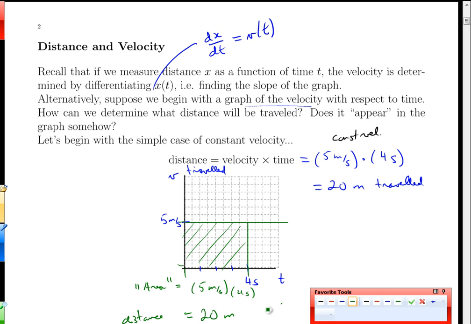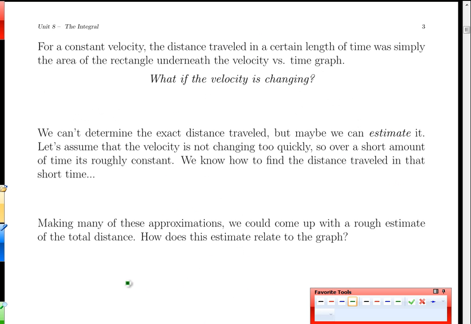So for a constant velocity, the distance traveled in a certain length of time is simply the area, in quotes here, of the rectangle underneath the velocity versus time graph. Now, there's that open question. What if the velocity is changing so we don't get a rectangular area on the graph?